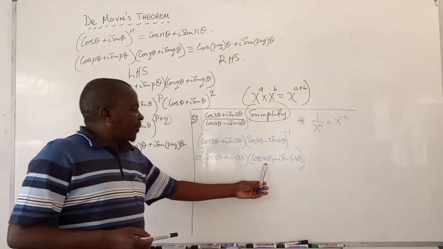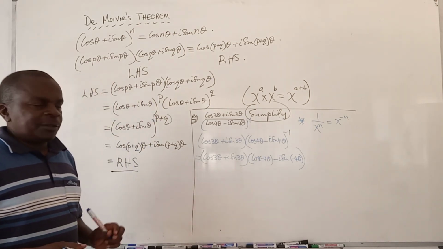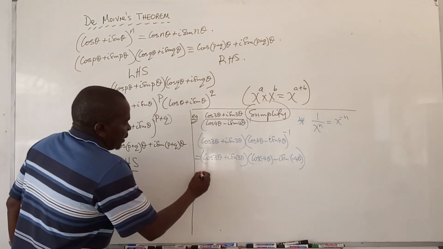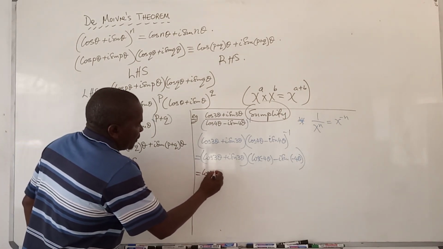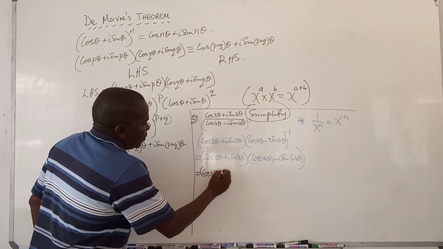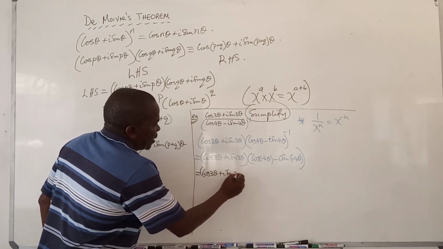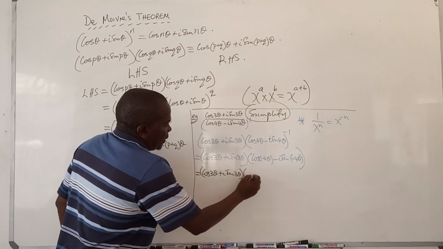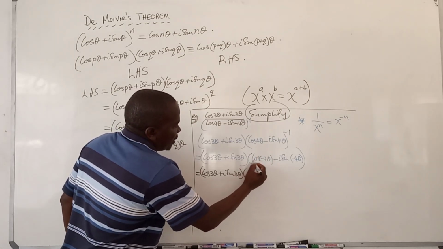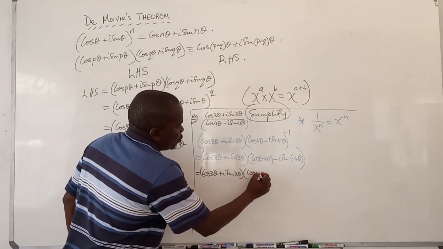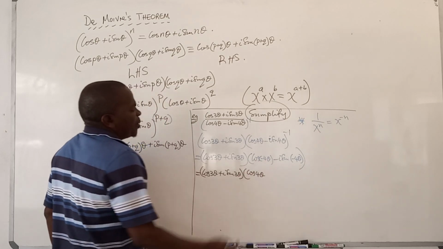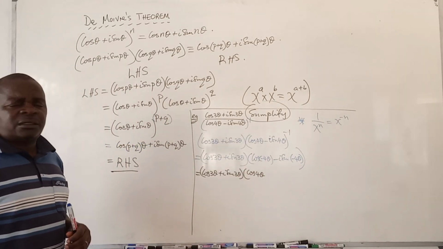Let me simplify the second bracket a bit. Cos of 3 theta plus i sine of 3 theta, it will give us this product here, which is cos of 4 theta. Remember, cosine is an even function.